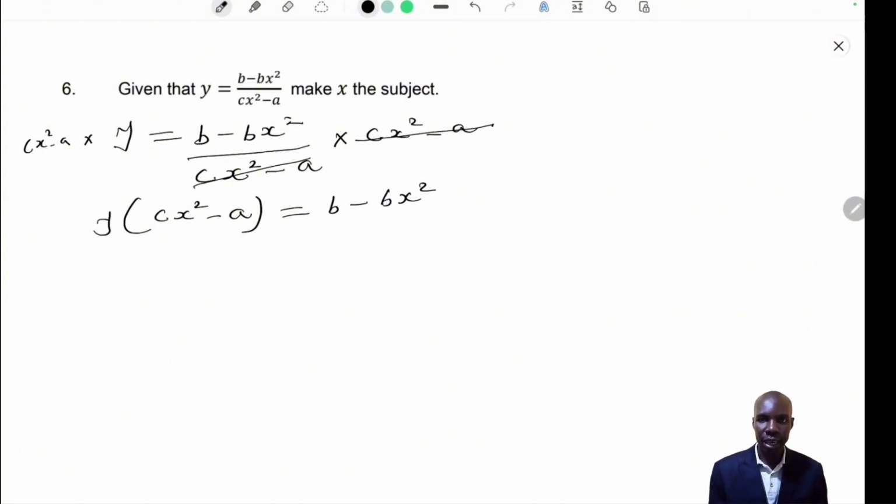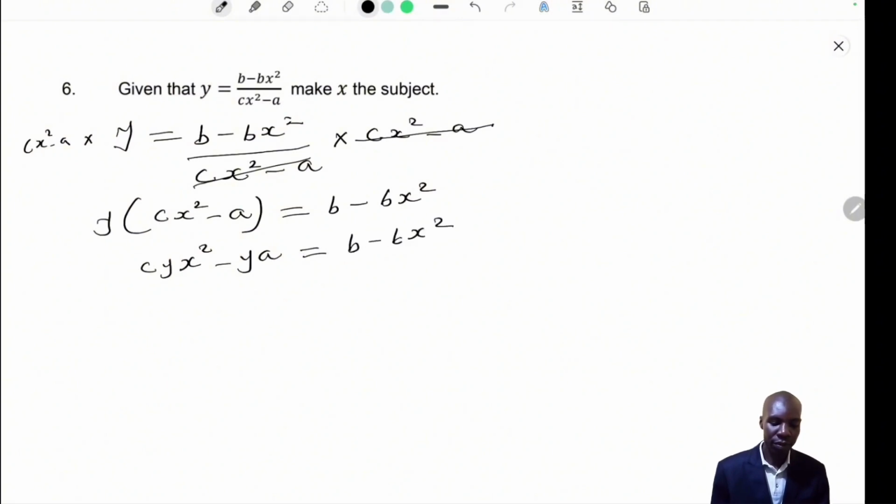Our aim is to make x the subject of this formula. So we can open the bracket and say cyx squared minus ya equals b minus bx squared. Then from here, we are going to collect the like terms. So the x group we bring together. So we'll have cyx squared.